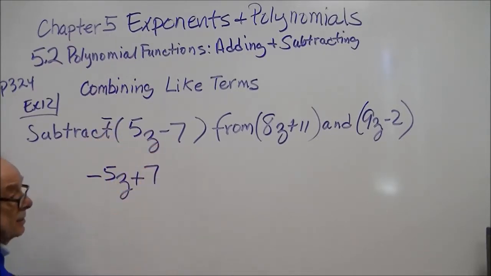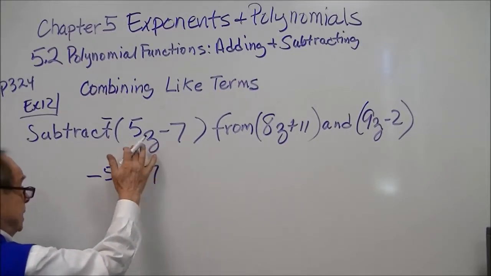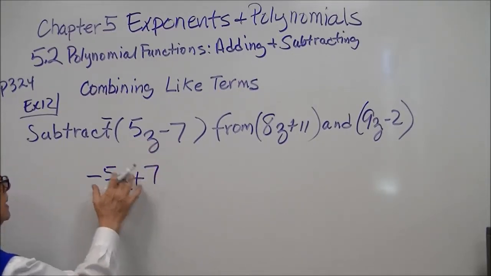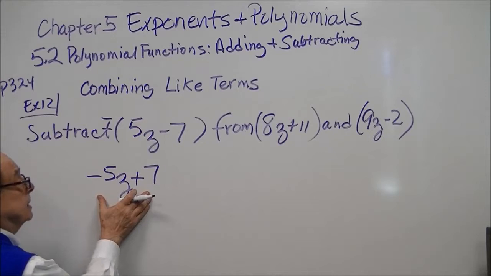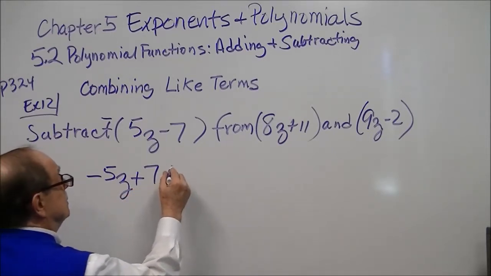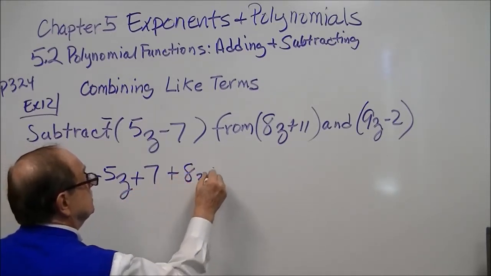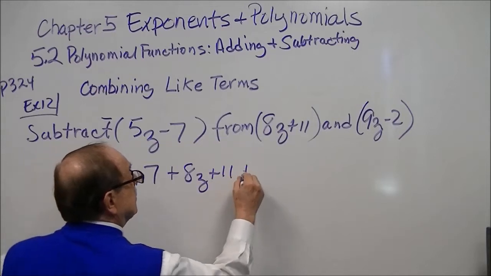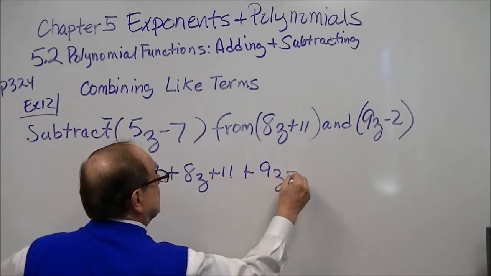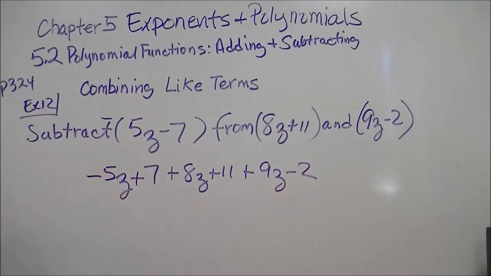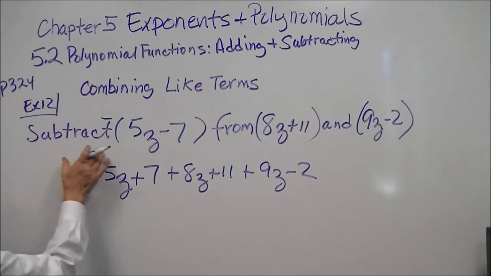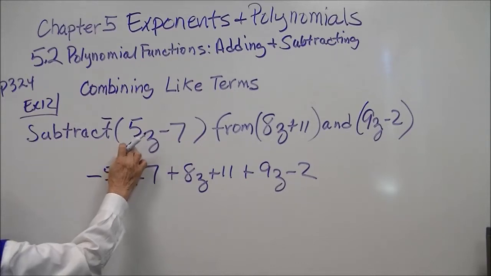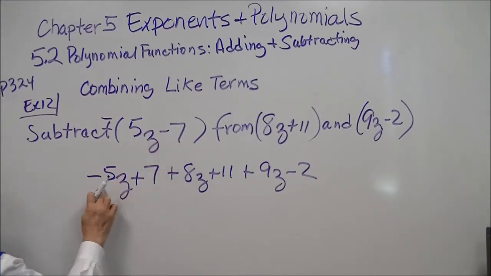And that's an error students sometimes make. They'll only change the first one. So now this indicates subtract. And then we can just remove the parentheses. And there's our example. So the key, if it says subtract something, we have to change each of these signs to their additive inverse.